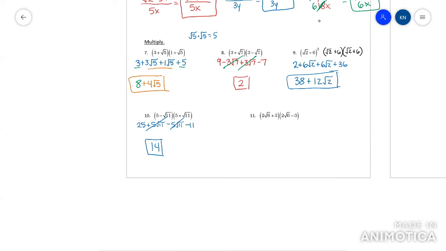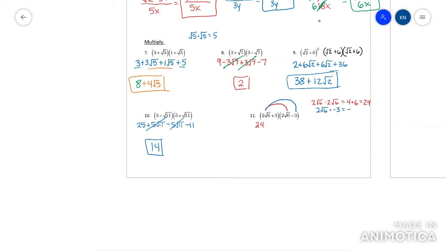And then this last one, this one's kind of trickier. So when you do this first times the first, you have 2 root 6 times 2 root 6. Okay, the 2 times the 2 is 4. And the root 6 times the root 6 is 6. So it's actually 24. Now the outside would be like 2 root 6 times minus 3. 2 root 6 times negative 3.